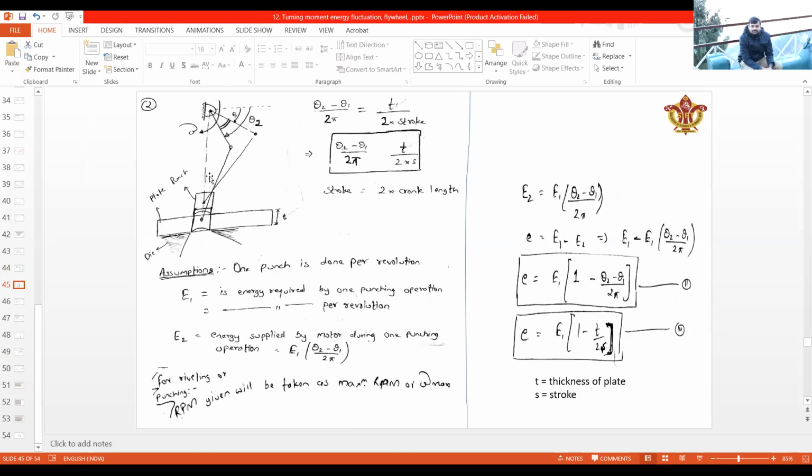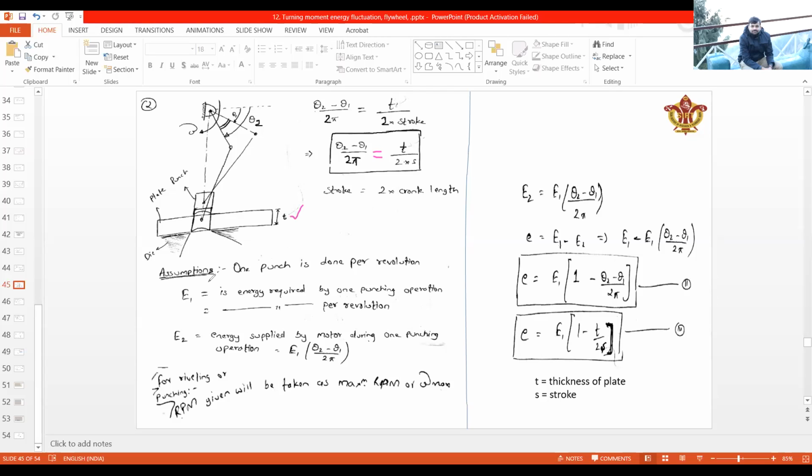So that is theta 2 minus theta 1 upon the entire rotation angle, that is 2 pi, would be equal to t, the linear distance traveled by the punch during this shearing process, divided by the total length traveled by the punch. What was the total length that was traveled? It would be 2 times the stroke length, right? 2 times the stroke length. So stroke is denoted by S and thickness of plate is denoted by T.